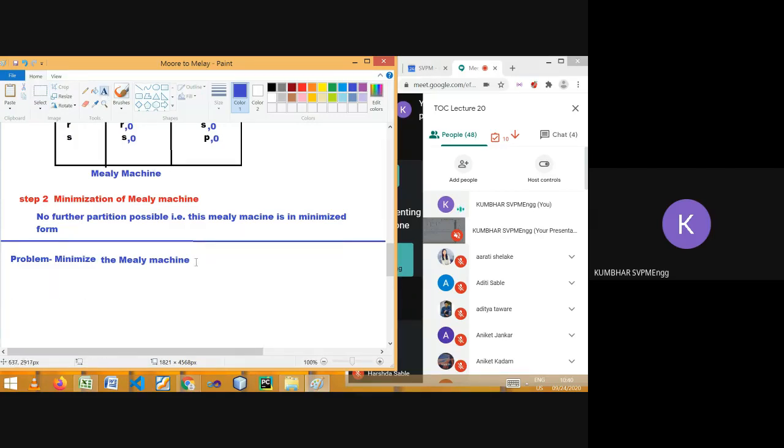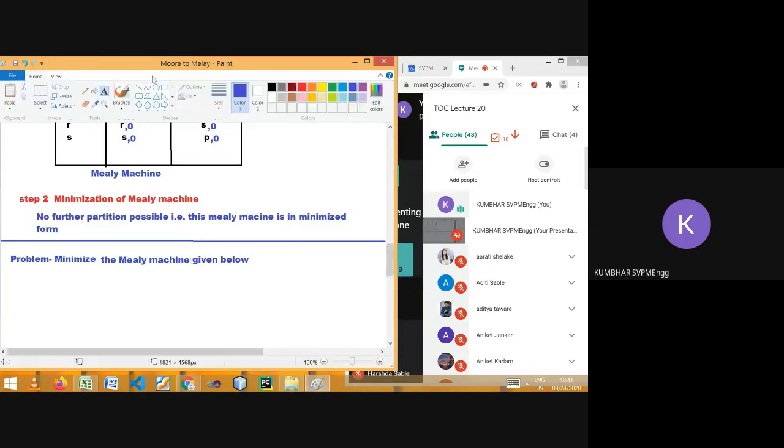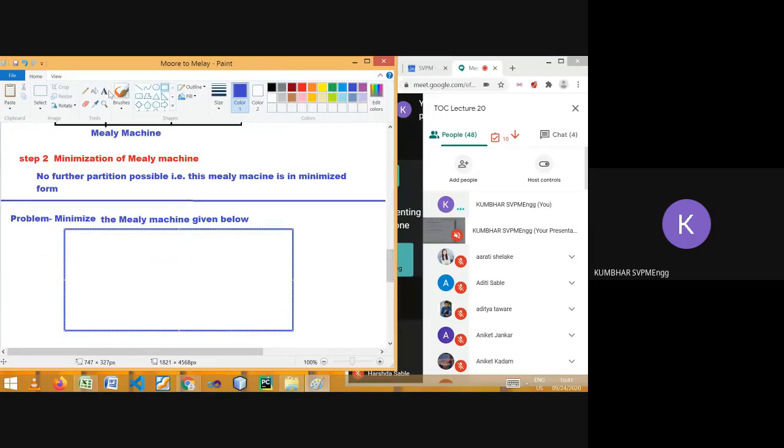Just a minute, let me finish here. Fine. So let me draw the given Mealy machine. Again, two main partitions. Then next state.